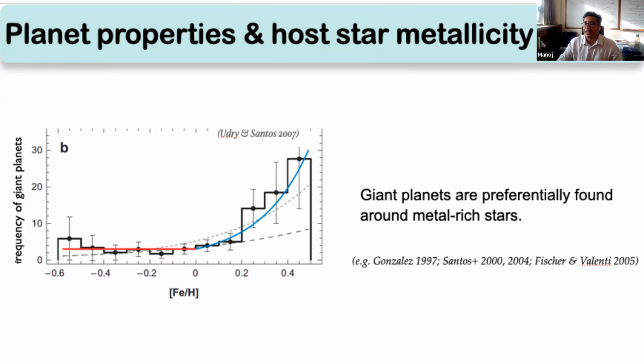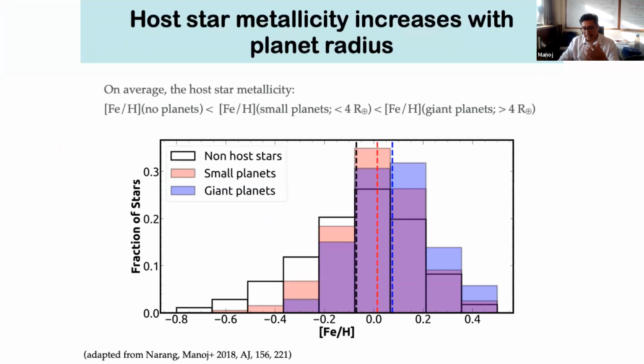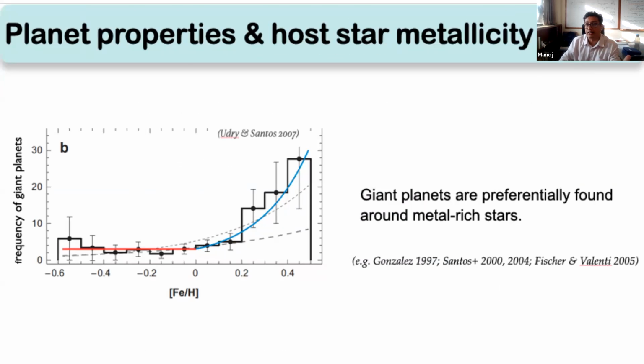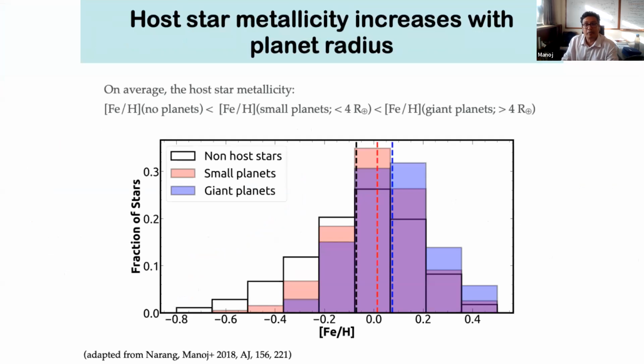It was very clear that Jupiter-like planets were preferentially found around metal-rich stars, which have solar or supersolar metallicity, and not subsolar metallicity. That's what we mean by that. And the latest studies have consolidated this result. This is one of the most robust observational results in the entire field of exoplanet studies: Jupiter-like gas giants are preferentially found around metal-rich stars, where the Fe/H value, the iron content, is higher.